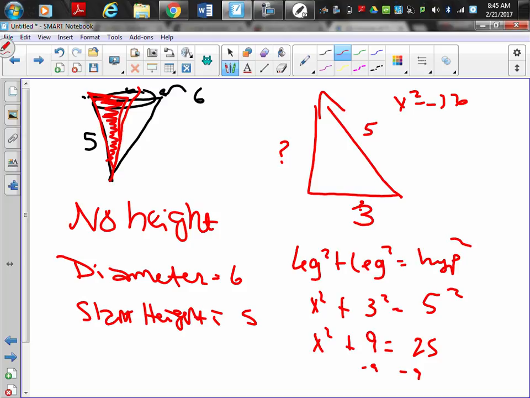Alright, so I have x squared equals 16. How do I get the value of x? We don't square it, we take the square root. So x equals 4. Alright, so 4 is my what now? 4 equals my height. Good. Now, can I find the volume? Yeah. Good.